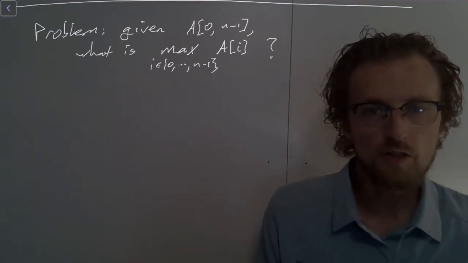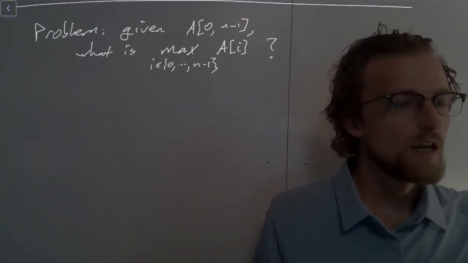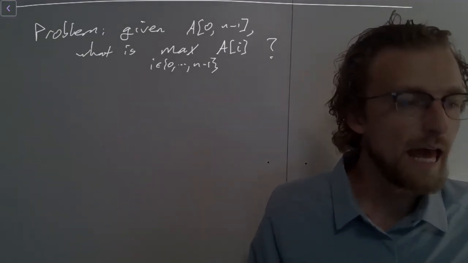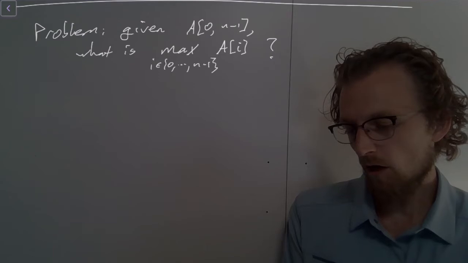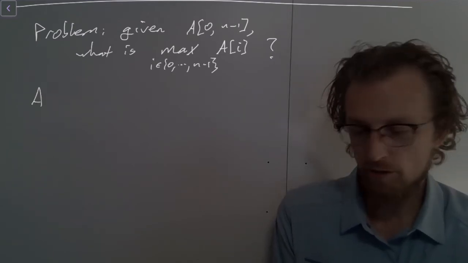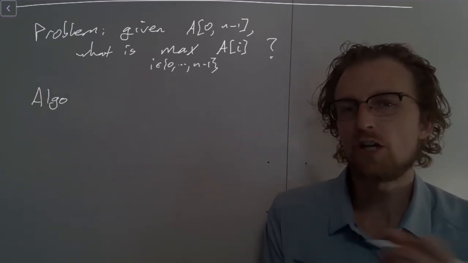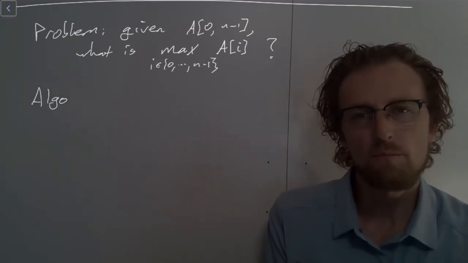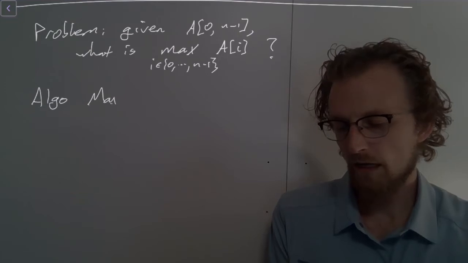Okay, so here's an approach. This is not meant to be a great approach, but it is an approach. I'll call my algorithm max search. It's not really a search algorithm because search typically returns the index, so maybe I'll call it max find.